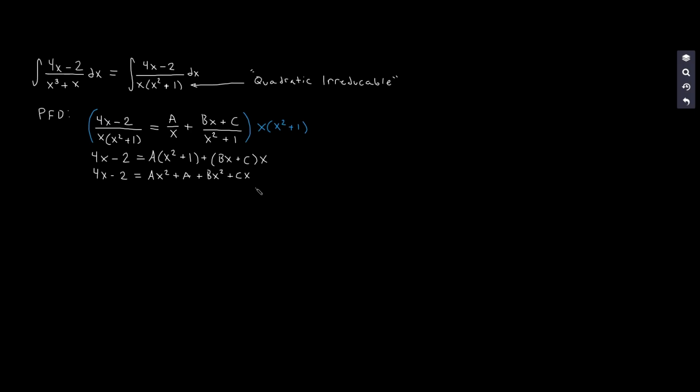So now let's try to regroup everything together. Let me just rewrite this. This is going to be 4 times x minus 2 equals a plus b, both times x squared, plus c times x plus a.